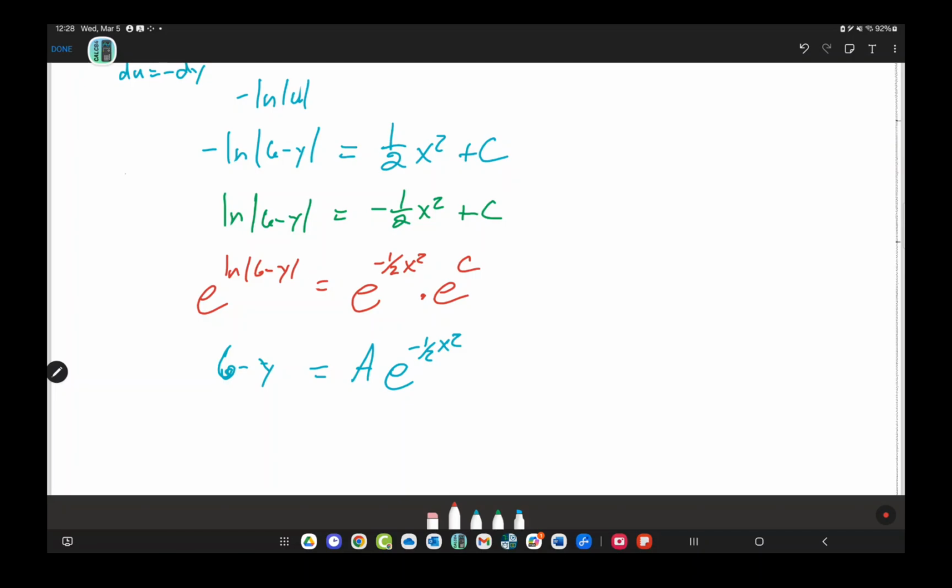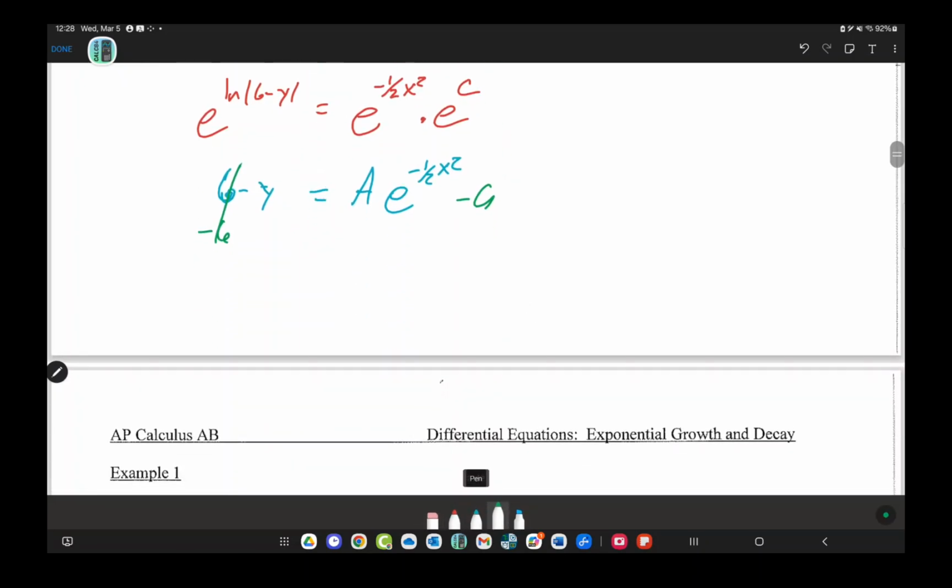Now, we're going to subtract 6 over. So subtract 6. Gives me negative y is equal to a e to the negative 1/2 x squared minus 6.